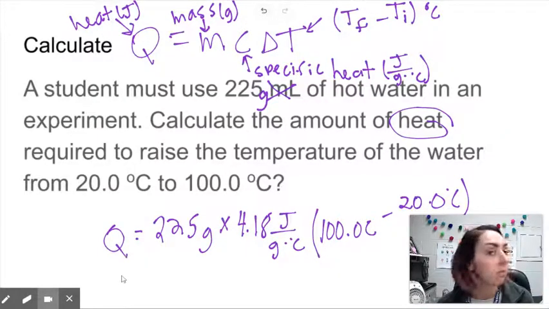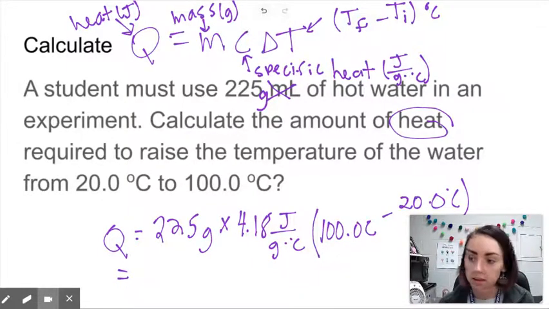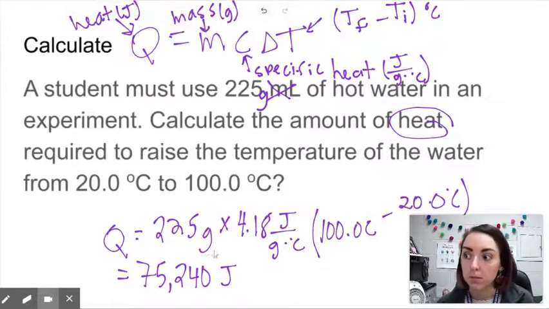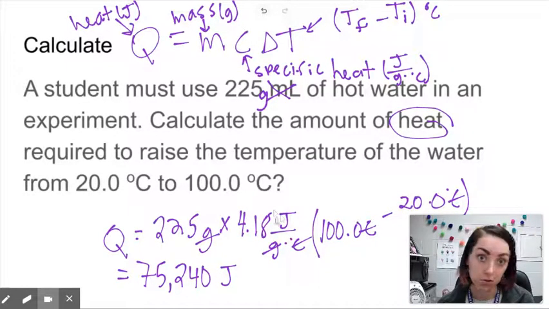All right, so I'm going to set my calculator, and I get 75,240 joules. Remember, Q is in joules, and we can see that because grams cancels grams, degrees C cancels degrees C. I'm left with joules, so that makes sense.